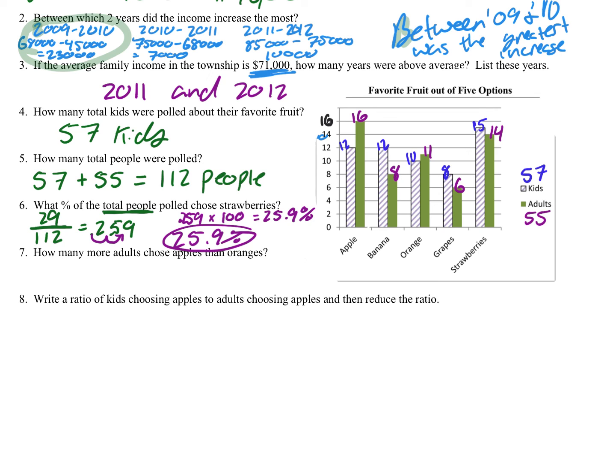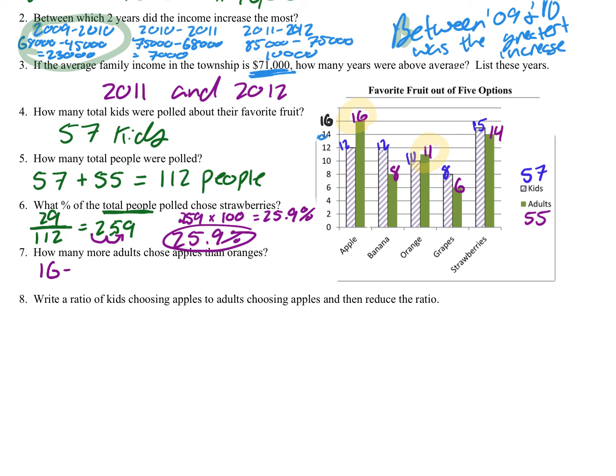Okay. So, next question. How many more adults chose apples than oranges? So we're looking at specifically adults, and we're comparing how many of them chose apples compared to oranges. So again, we're going to find the difference. Because we're dealing with fruit, we're going to take the biggest minus the smallest because we don't want to be talking about choosing negative fruits here.